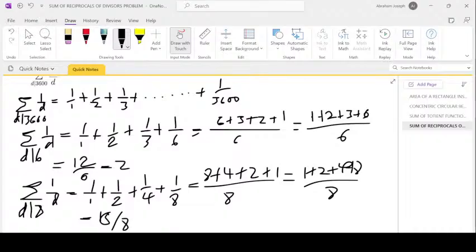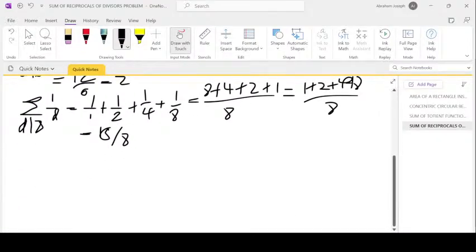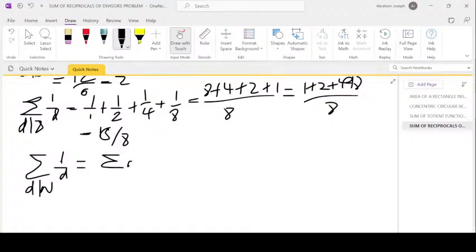So you can see that it's actually not a coincidence. From here, we can generalize. Of course, there's a proof for that, but with these few examples we've done, it's apparent that if you find the sum of the reciprocals of the divisors of a number n, it becomes the sum of the divisors of n over what?